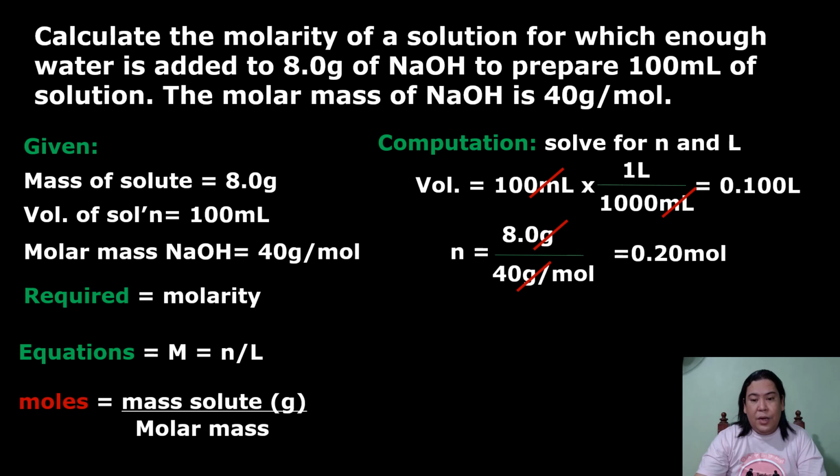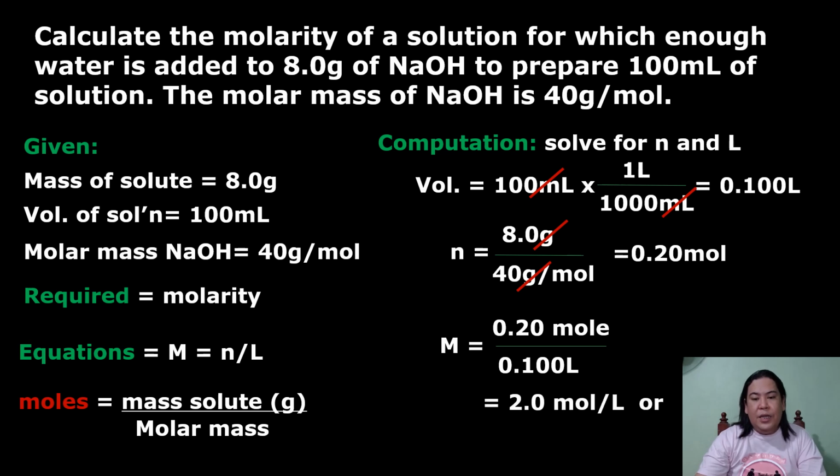Since we have already completed all the variables needed in our given equation, you can now substitute all given values. Okay, M is equal to 0.20 mole divided by 0.100 liters, and then you will get 2.0 mole per liter, or 2.0 M, or 2.0 molar.